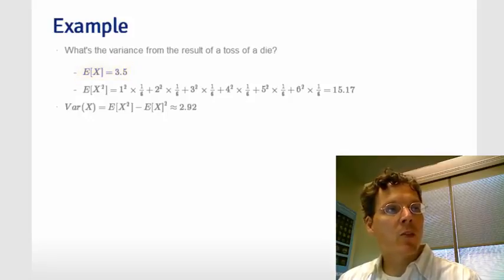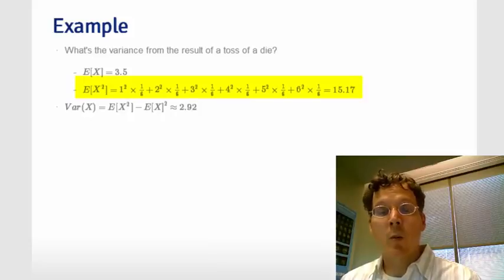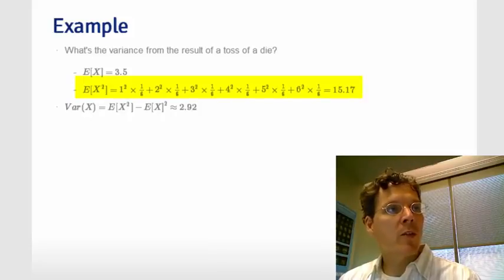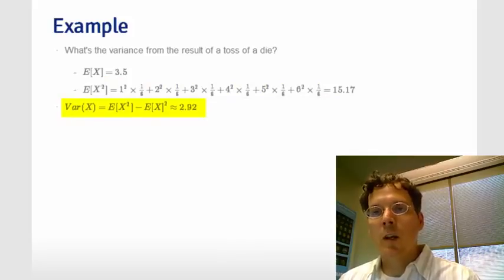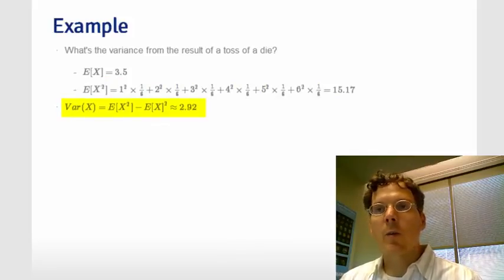The expected value of x squared is the expected value of the random variable that you get by rolling a die, then squaring the result. You can do that by taking the numbers 1 squared, 2 squared, 3 squared, 4 squared, 5 squared, and so on, and multiplying by their associated probabilities, and you get 15.17. So if I subtract 3.5 squared from 15.17, I get 2.92, which is the variance of a die roll.